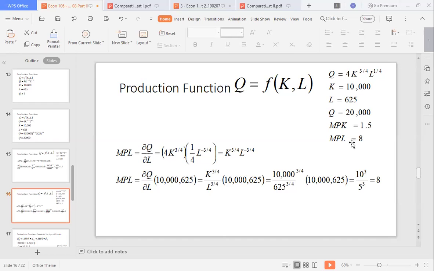Okay, so now, any question about how we arrive at those answers before I proceed to the next one? So again, obtaining MPK and MPL is first getting the first partial derivative with respect to any of these inputs, capital and labor. And then we substitute the values that are given here on the side. Question?